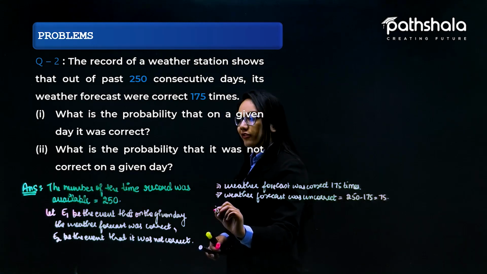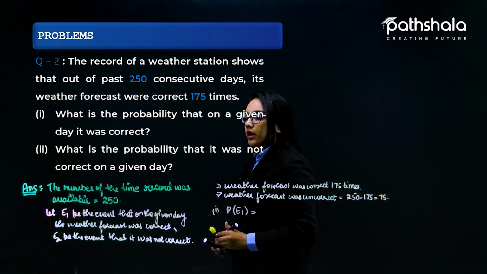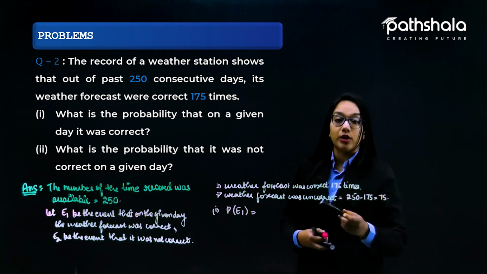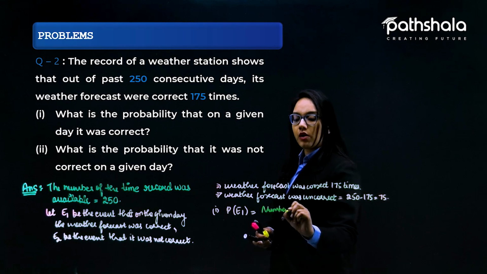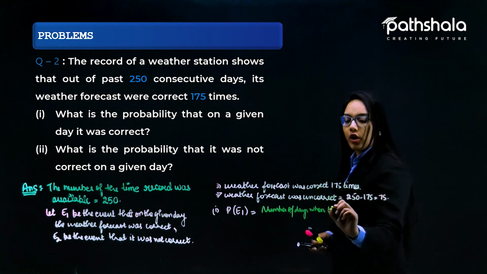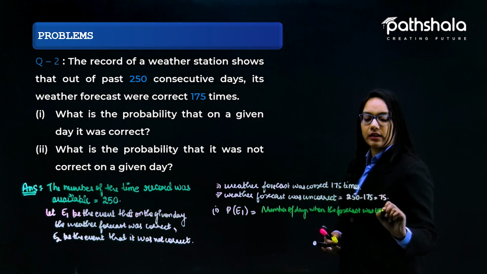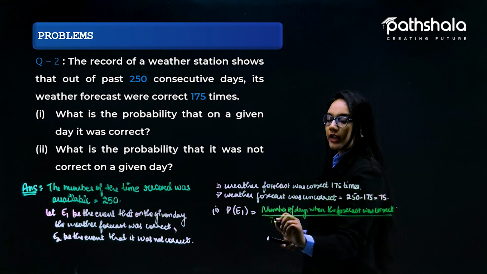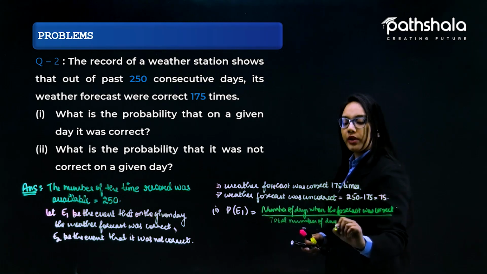For the very first part, we have the probability of E1, that is, the weather forecast being correct. It is equal to the number of days when the forecast was correct, divided by the total number of days when the record was available.